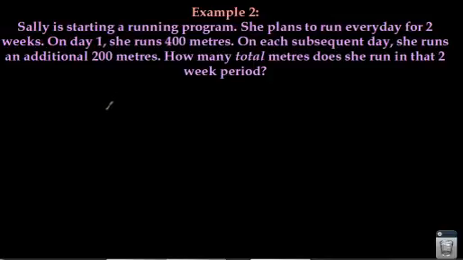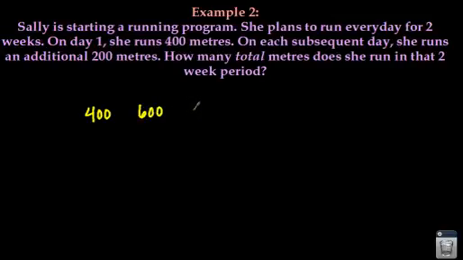I think we're going to start by writing the sequence. She started with 400. On the next day, she ran 200 more meters, which is 600. Then the next day she ran an additional 200 meters, which is 800. Then an additional 200, which is 1,000, and so on. If this is a series, we're going to put plus signs in here because we want to add them.